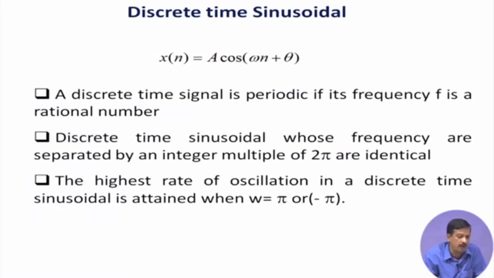And what is the property? A discrete time signal is periodic if its frequency f is a rational number. Where does the small f come from?